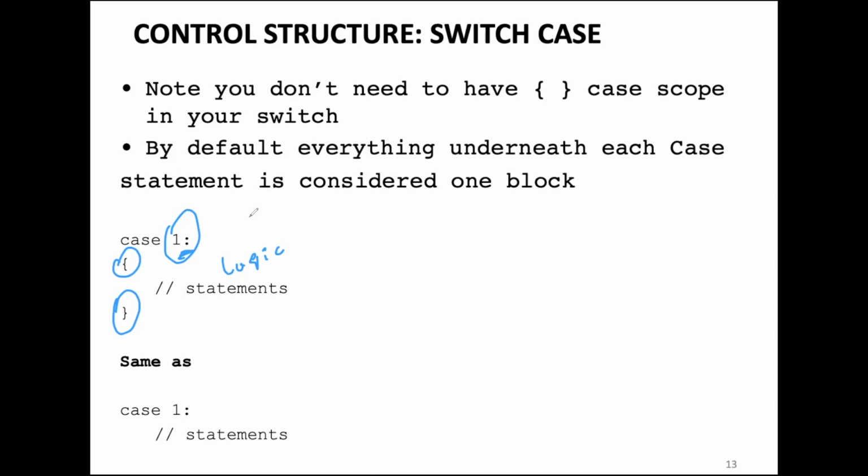You don't really need the curly braces, but to aid understanding, developers will indent, which is basically a tab. You tab the entire statements over, so it's understood that if your statement has maybe 10 lines, all these 10 lines will be evaluated under this case 1.